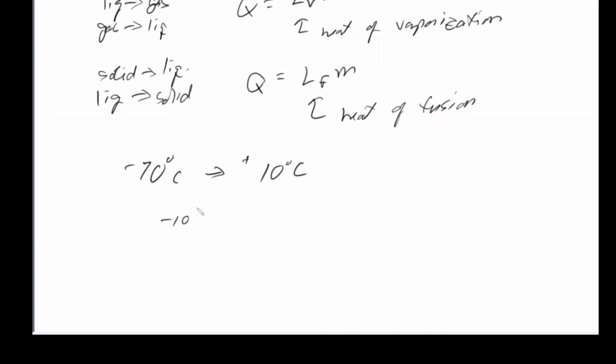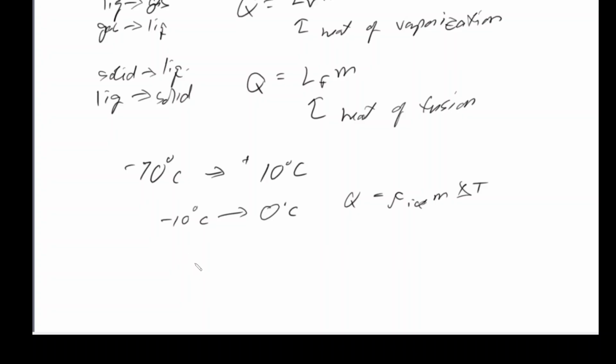So from minus 10 degrees centigrade to 0, it's ice, and the ice is absorbing the heat. So we would use an equation such as the specific heat for ice.